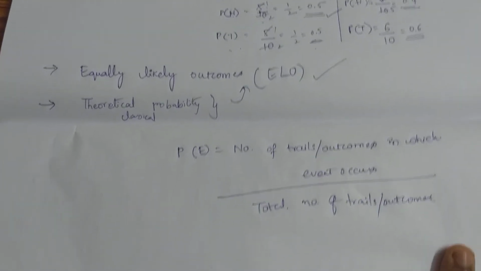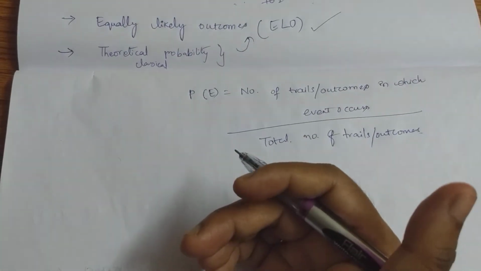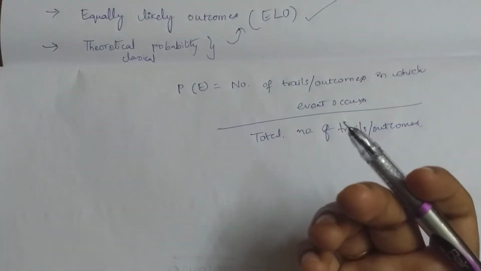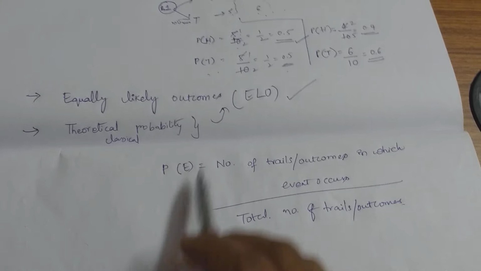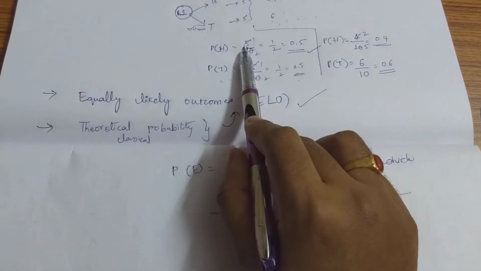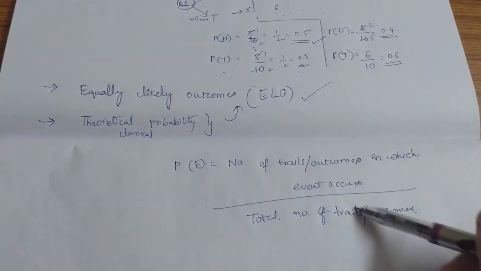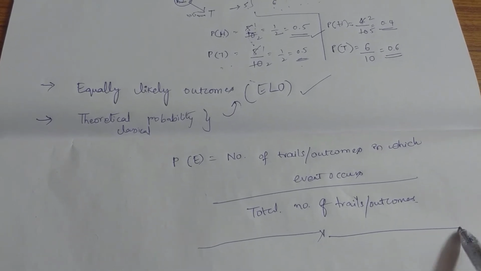Suppose I toss a coin. The chance of getting a head is 5 times, and 10 is the total number of outcomes. Same formula. This is the general formula for finding the probability of an event.